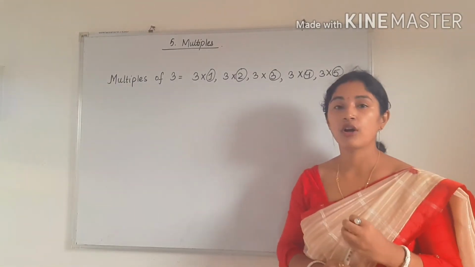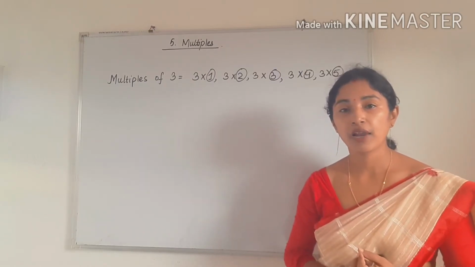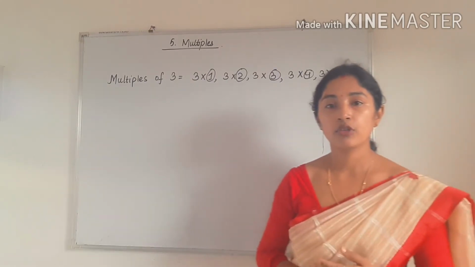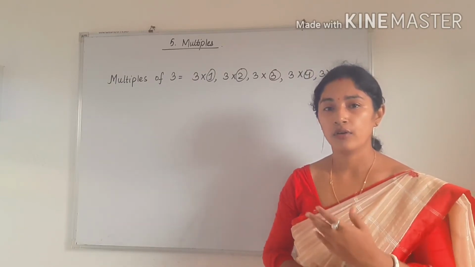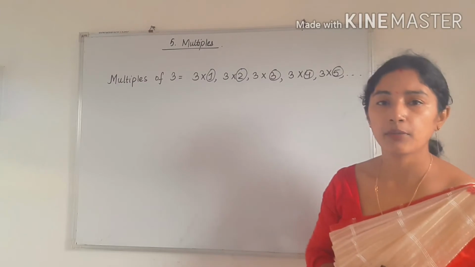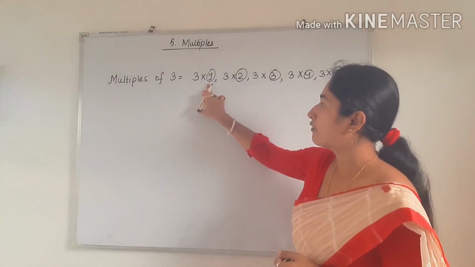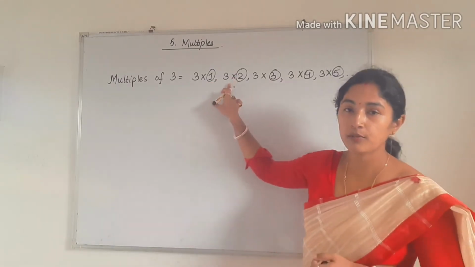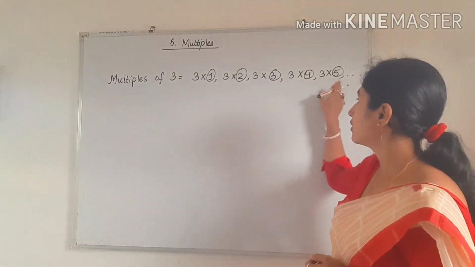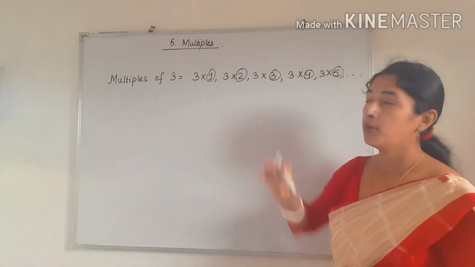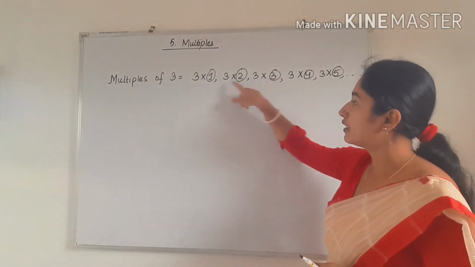If I want to find a multiple of any number, what I have to do? I have to multiply it first with 1, then with 2, then 3, then 4, and go on like that. So if I want to find multiples of 3, I multiply it with 1 and get 3, then by 2 I get 6, then 3, then 4, then 5. Here the number 3 is constant.